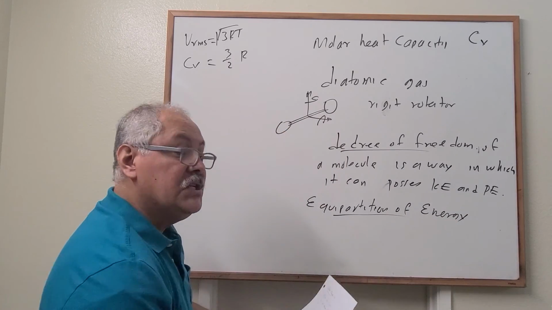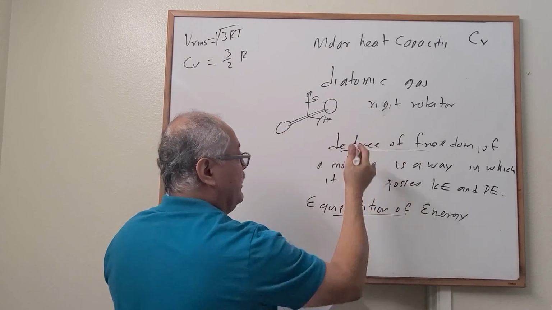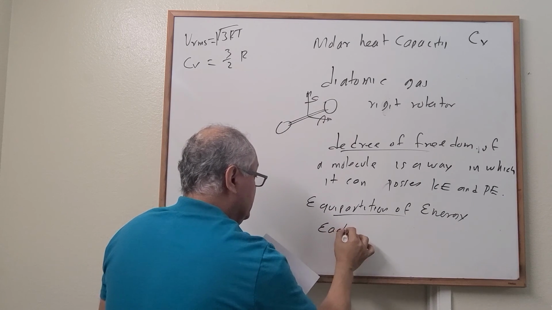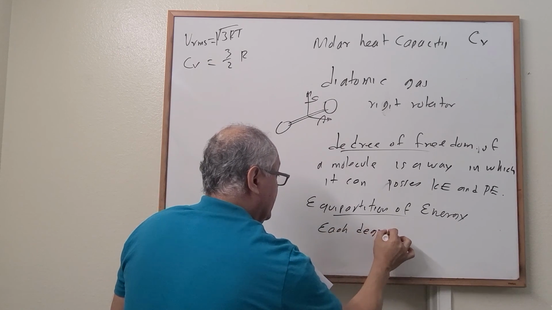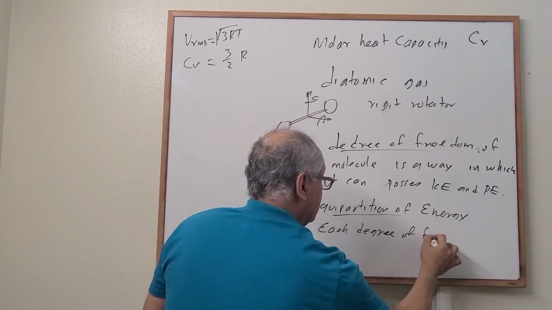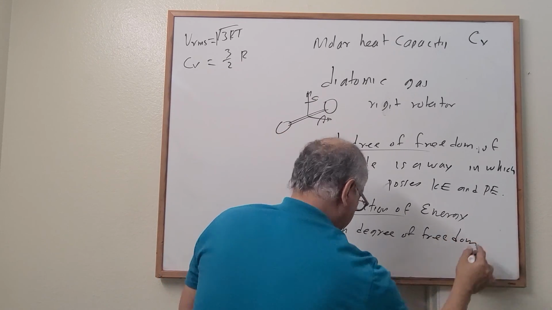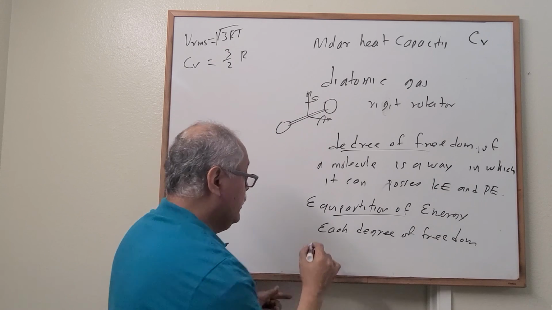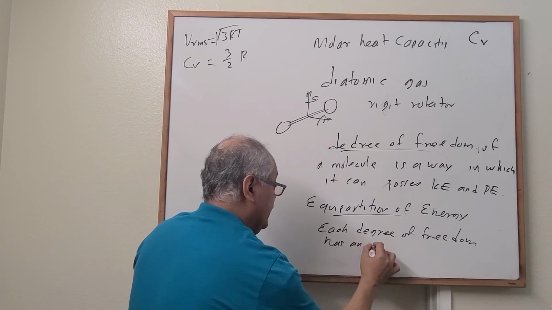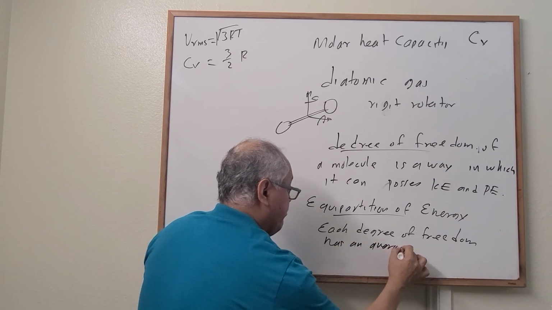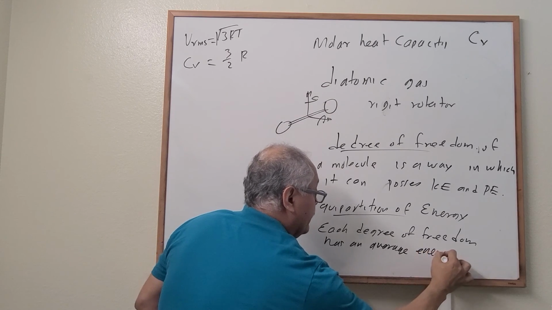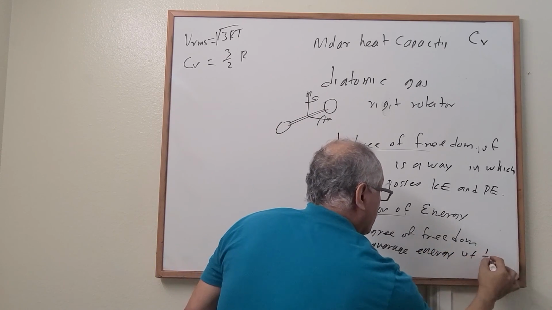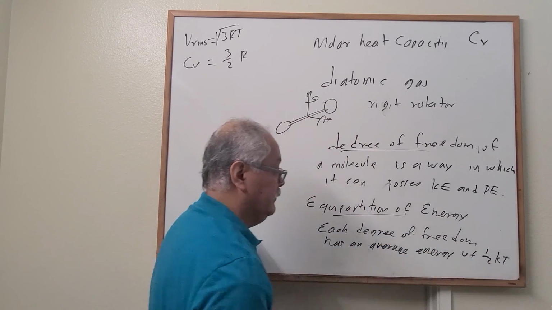It says that each degree of freedom has an average energy of 1/2 kT.